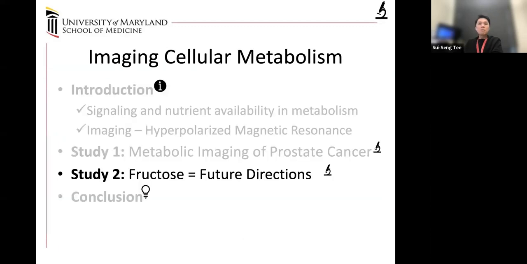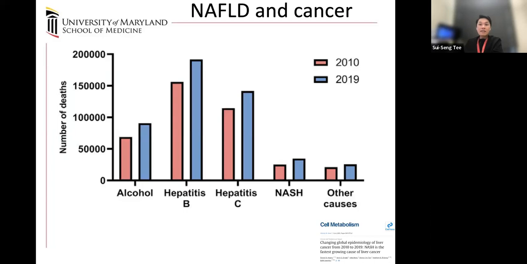When I came to Baltimore, I really wanted to ask the question, well, now liver cancer occurs in the background of non-alcoholic fatty liver disease. In the past, a lot of liver cancer came from viral etiologies, either hepatitis B or C, but now NASH, liver inflammation, is a leading cause.